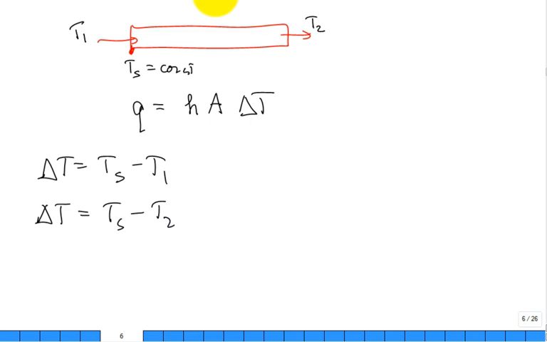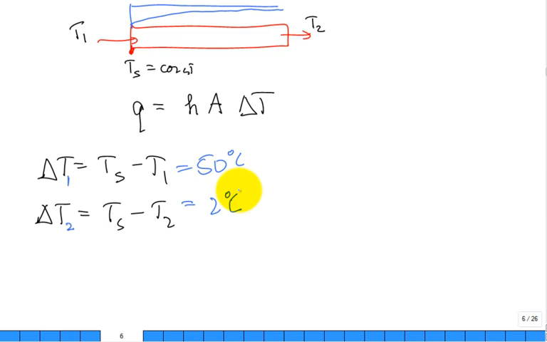And remember, we just worked out that profile. Maybe the surface temperature is constant and it's an exponential. And so this delta T at the exit, delta T2 versus delta T1, they're not the same at all. This one could be 50 degrees C, and this one could be 2 degrees C. So which one do you use?